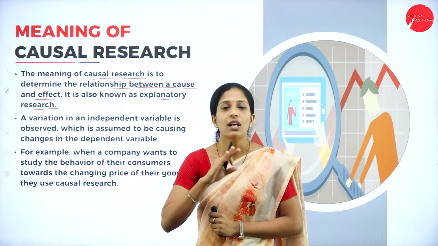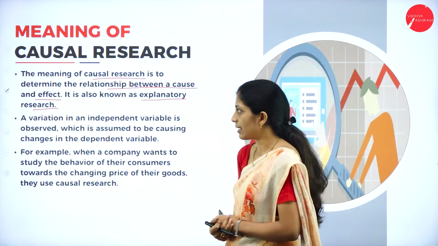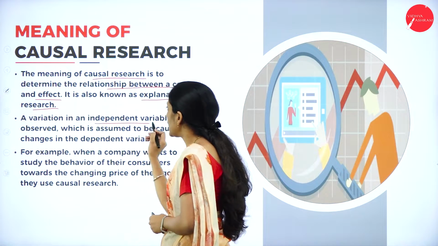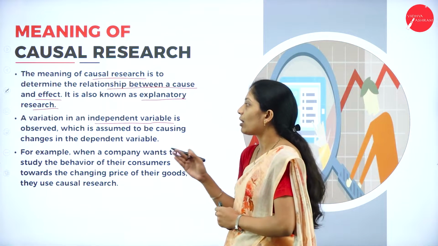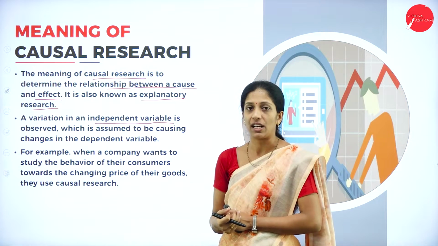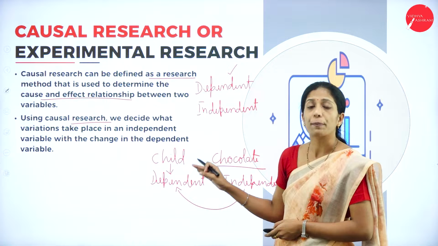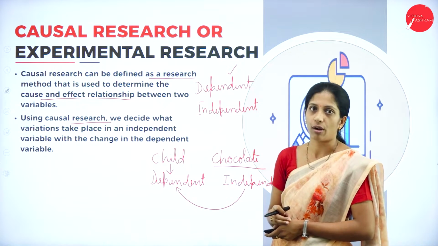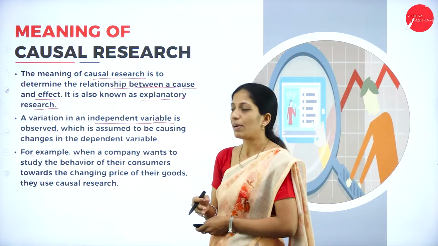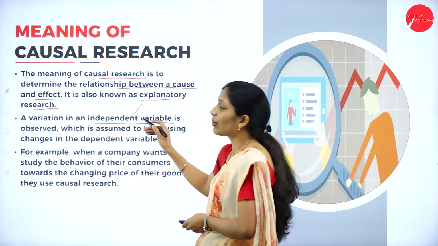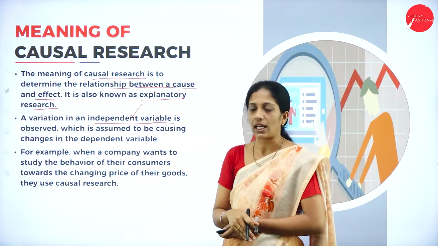Here we are going to explain the problem, so it is called explanatory research. The variation in an independent variable is observed, which is assumed to be causing changes in the dependent variable. We have seen this example, how the child will stop crying when it gets the chocolate. In the same way, under causal or experimental research, we are going to see the variation in the independent variable with that of the dependent variable.